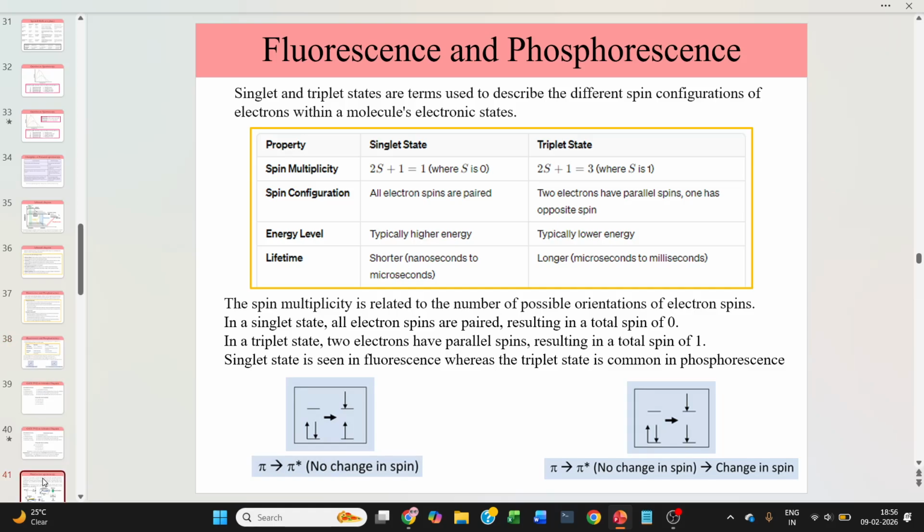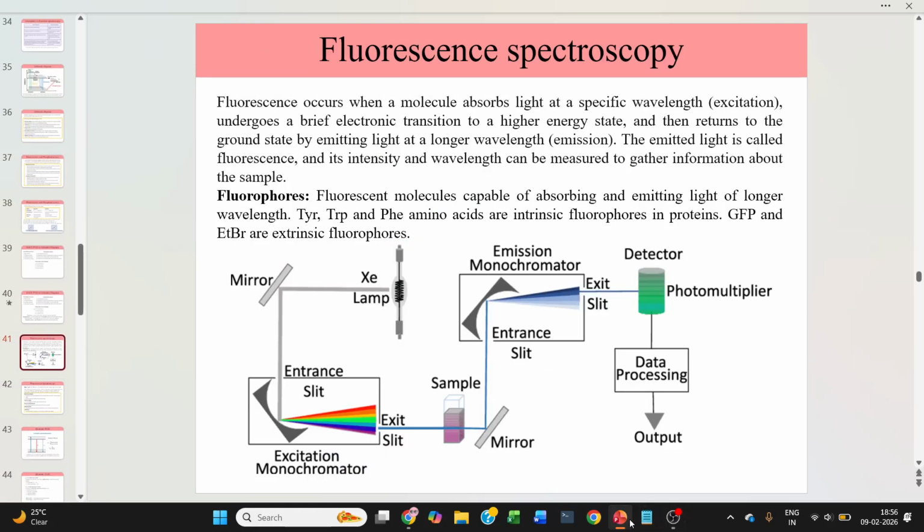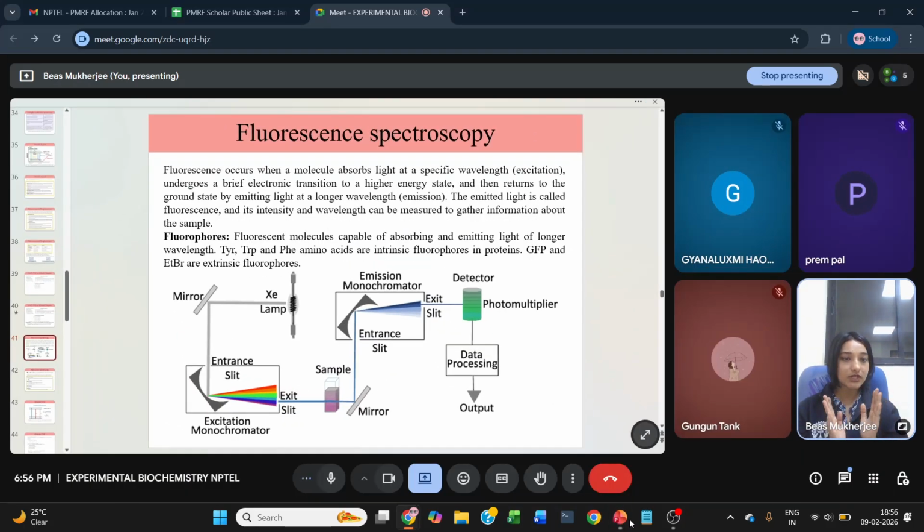Okay, we'll go to the next part, which is again fluorescence spectroscopy. Let's try to understand this. Fluorescence occurs when a molecule absorbs light at a specific wavelength, which is called excitation wavelength, and undergoes a brief electronic transition to a higher energy state. Then it returns to the ground state by emitting light at a shorter wavelength.